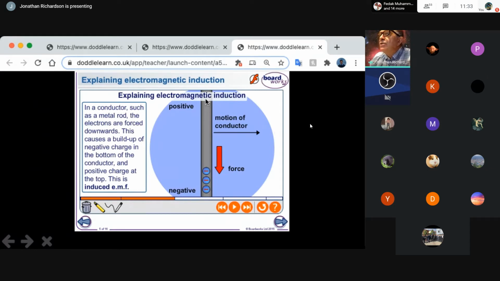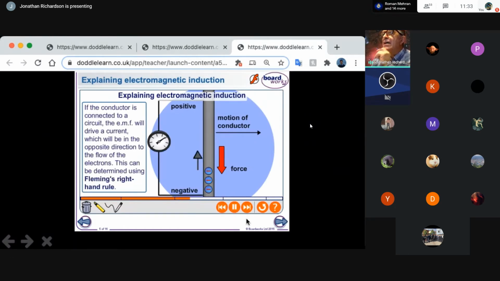The electrons that are in here are forced downwards. So it causes a buildup of charge at the bottom of this rod. And this charge is balanced, of course, by a positive charge at the top. And this is called the induced EMF, electromotive force.